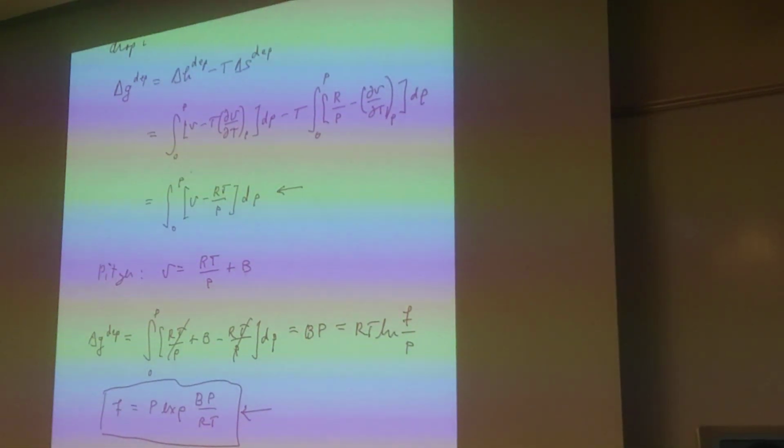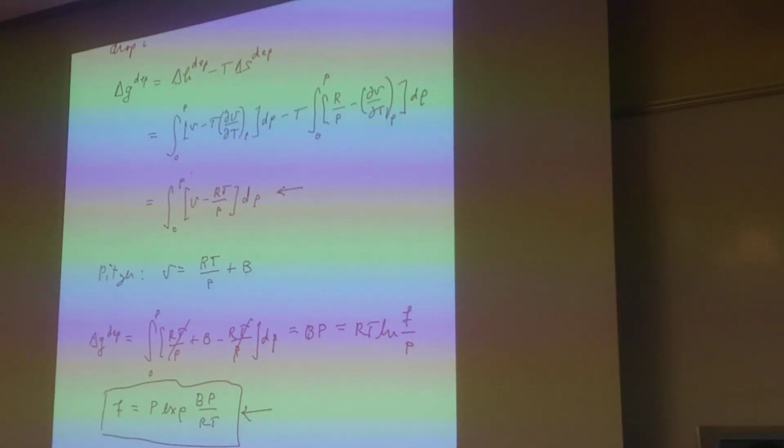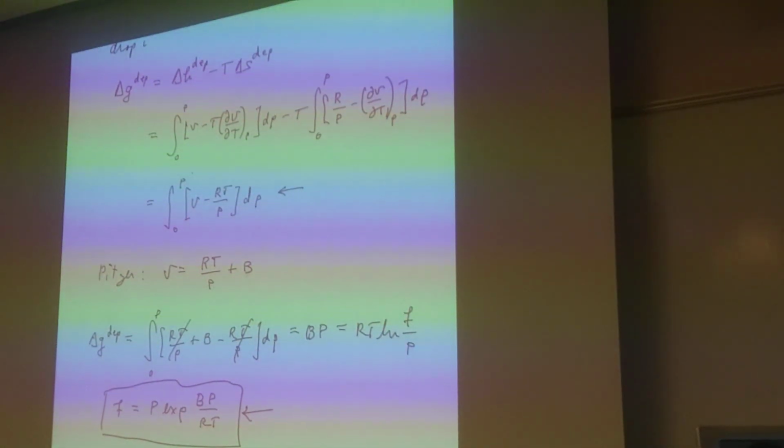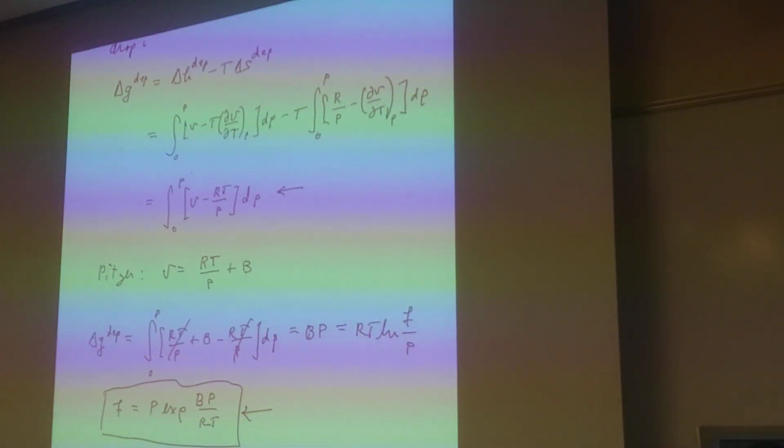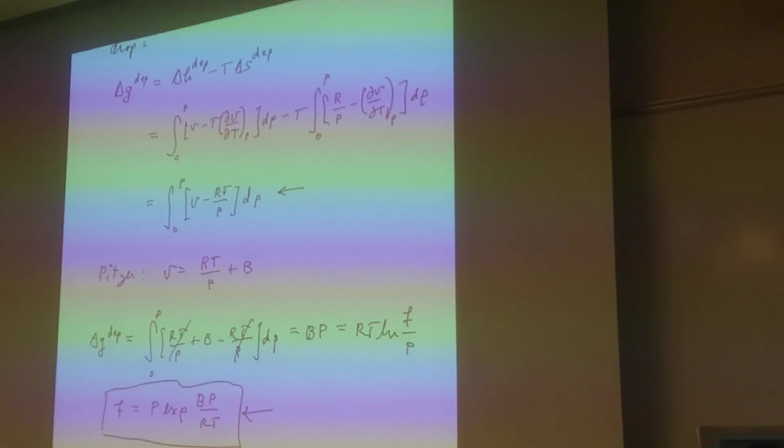And that ratio is, what's it called, the fugacity coefficient? Well, yeah, F over P is the fugacity coefficient, so the ratio is exponential of BP over RT. Yeah, I just wanted to make sure the ratio is the fugacity coefficient. Yep. All right. That's what I wanted.